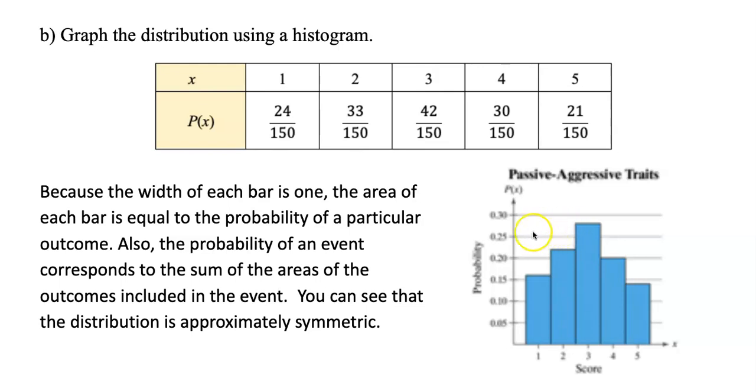That's why the bar goes up here. So this is how you can make a distribution table into a histogram. If you want to talk about the shape of this distribution, I will say approximately symmetric.